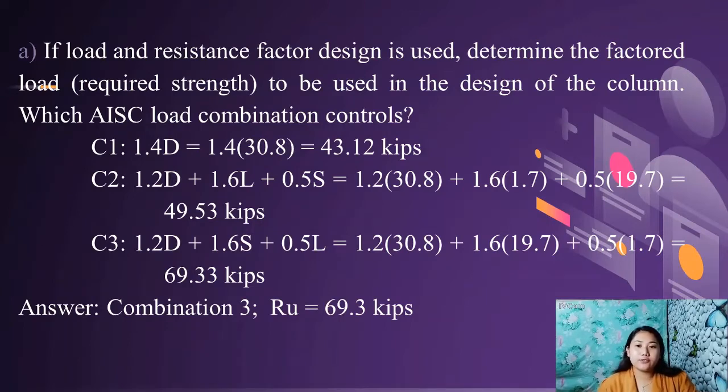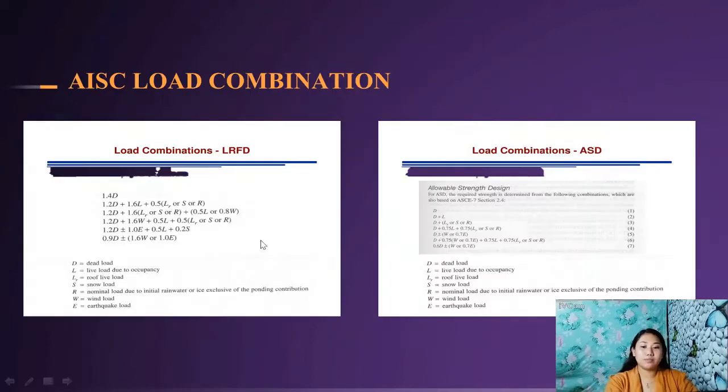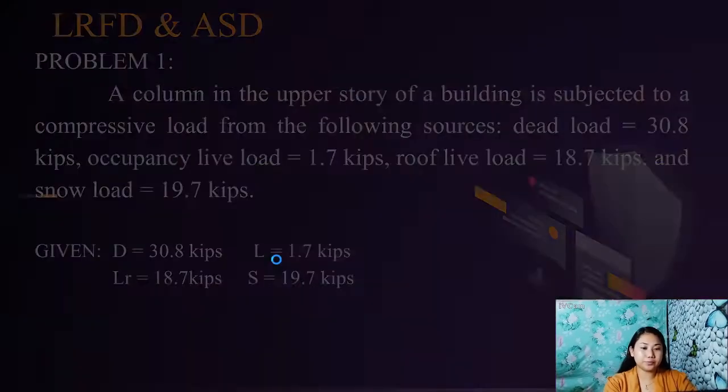Letter A. If load and resistance factor design is used, determine the factored load required strength to be used in the design of the column. Which AISC load combination controls? In our past slide, in our problem we have no wind load and earthquake load.